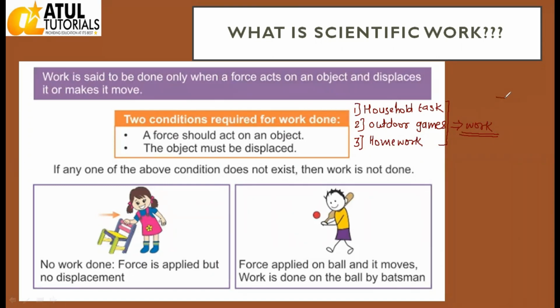But क्या हम इन सारे वर्क को साइंटिफिक वर्क कह सकते हैं? Can we refer them as scientific work? And if it is not, then what is scientific work?